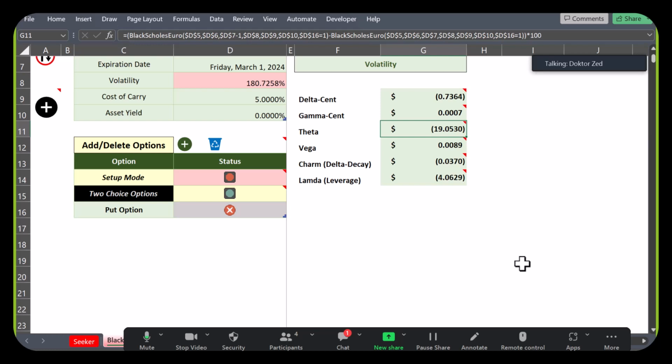This says if one day passes and nothing happens in the market, everything else is exactly the same. Underlying price, volatility, interest rates, everything is the same. The only thing that differs is it's tomorrow. Tomorrow, this option contract is going to be $19 cheaper if everything remains the same.